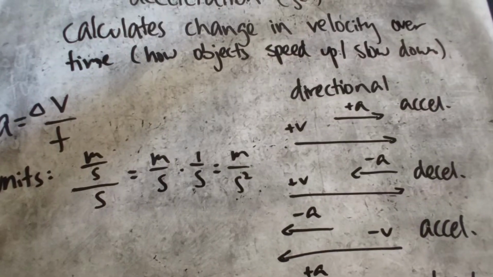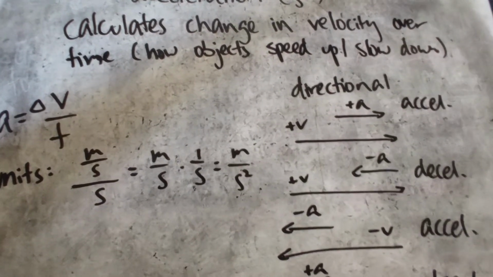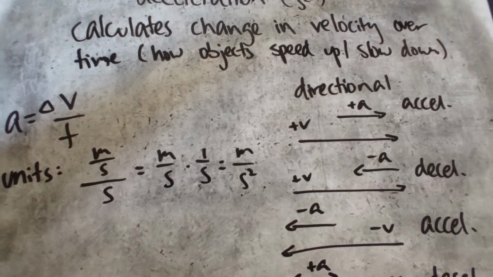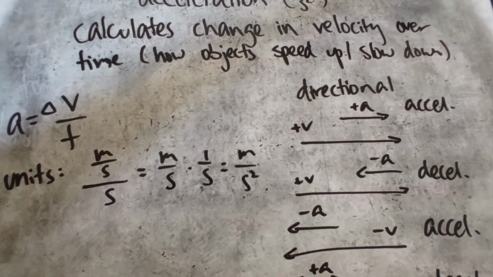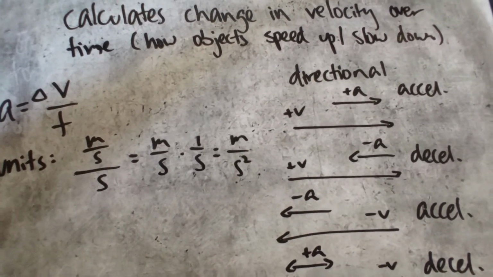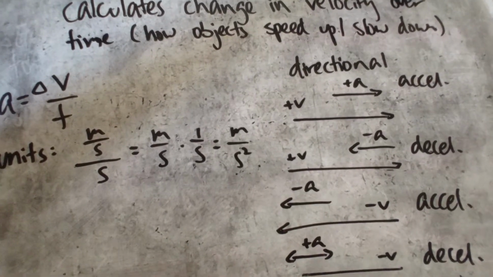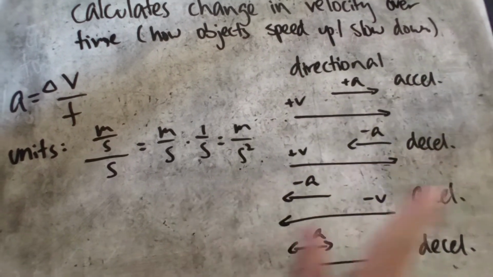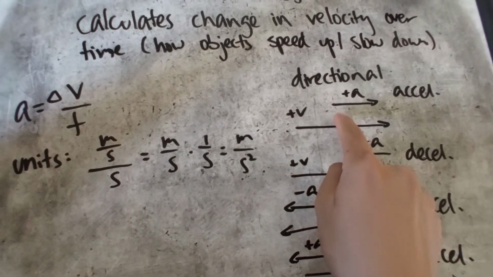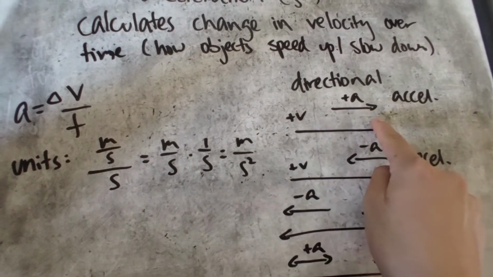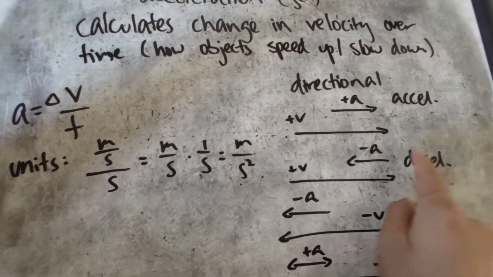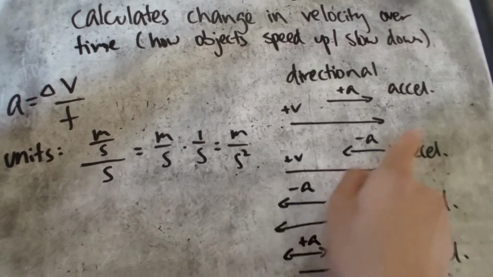So it depends on which side you set as positive or negative, and depending on acceleration's relation to velocity, it depends on whether the object is accelerating or decelerating. So if you set going right as positive and the acceleration is positive as well, then you're accelerating because they're both going in the same direction.